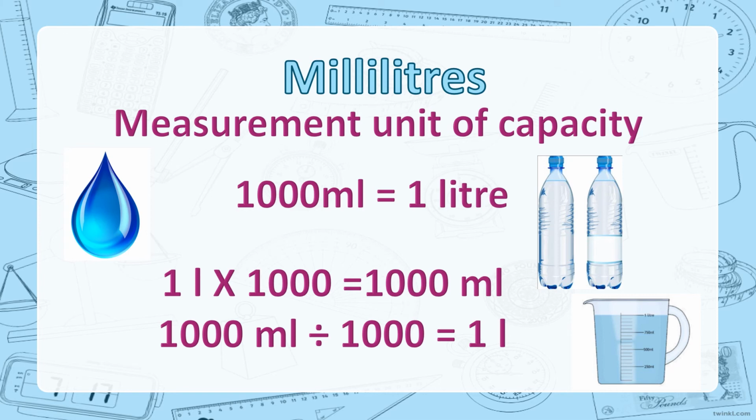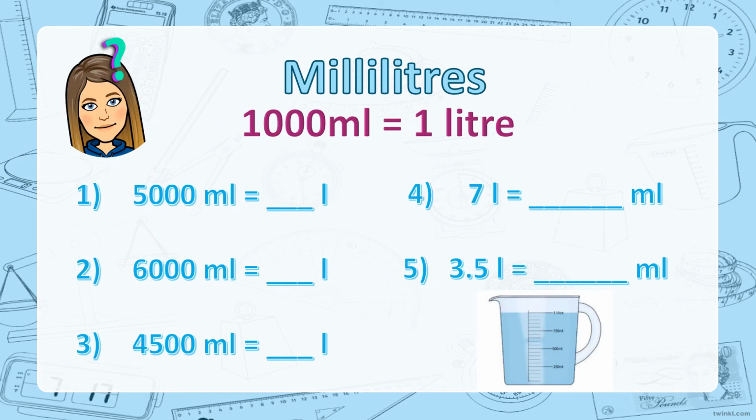Let's try some of these questions together. Number 1. What would 5,000 millilitres be in litres? Remember, we have to divide by 1000. Excellent job. It's 5. Well done, Amington Heath. Let's try number 2.